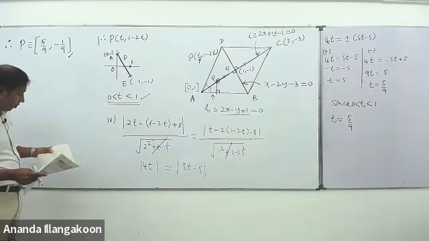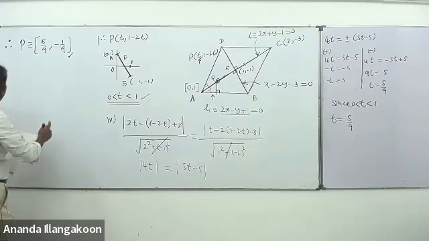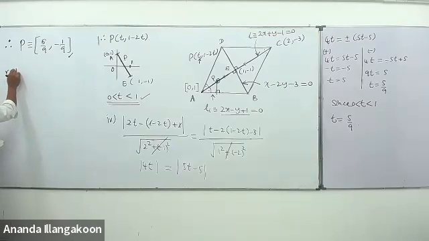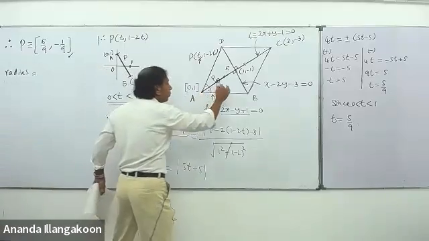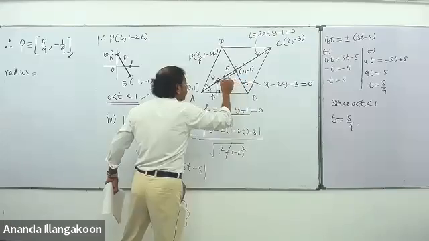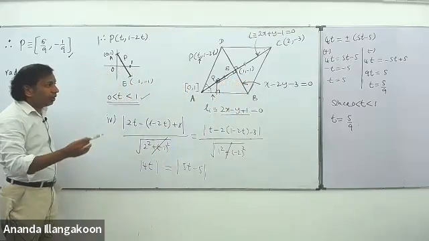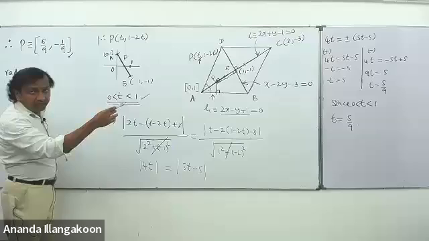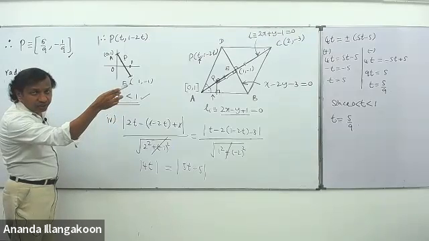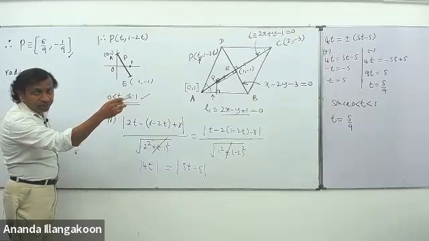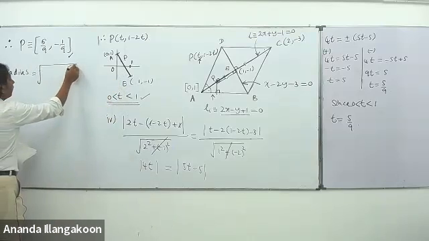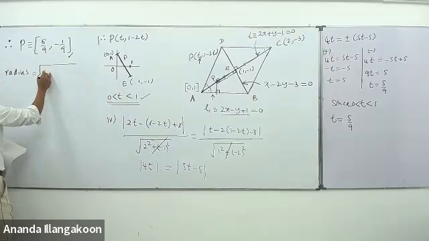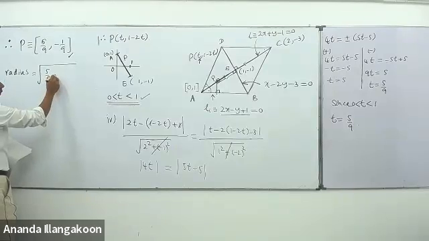Now we'll write the radius. Radius means, people, the distance of this one. How to write the distance between P and E? Square root of difference of x coordinates perfect square plus difference of y coordinates perfect square, no? Radius is square root of, what do you get? P x coordinate is 5 by 9. E x coordinate is 1.